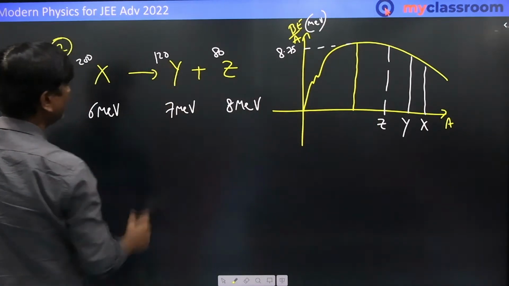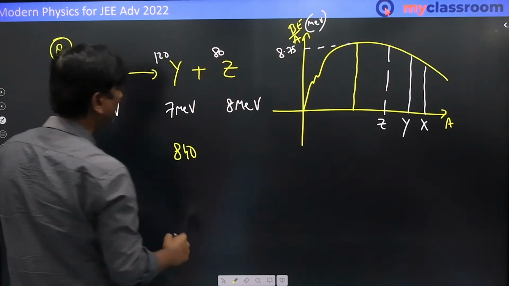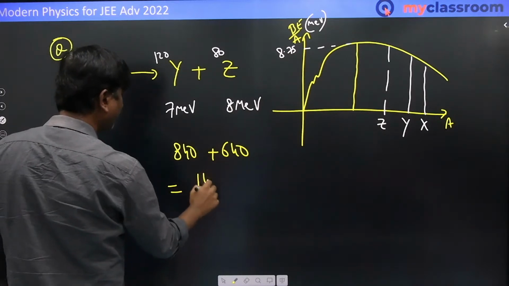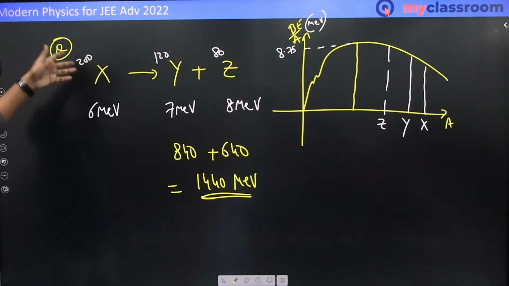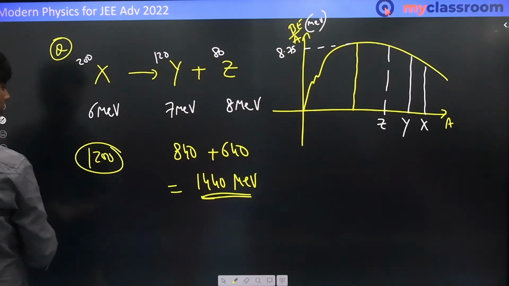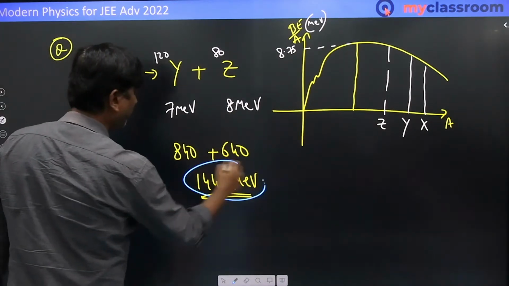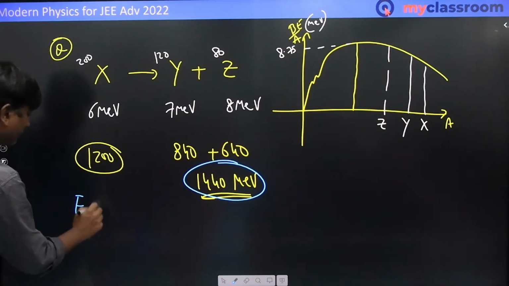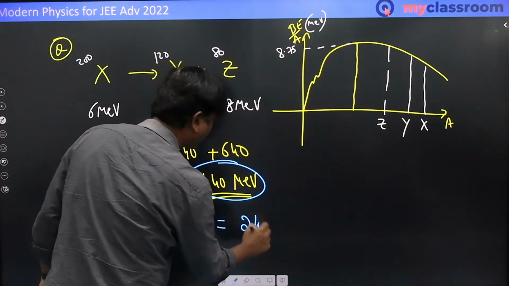For 120 nucleons at 7, total is 840. Here 80 nucleons at 8, total 640. So the total is 1440 million electron volts. On the LHS, per nucleon 6, 200 nucleons, total will be 1200 only. Definitely the RHS is greater than the LHS, so the energy released will be 1440 minus 1200, equal to 240 million electron volts.